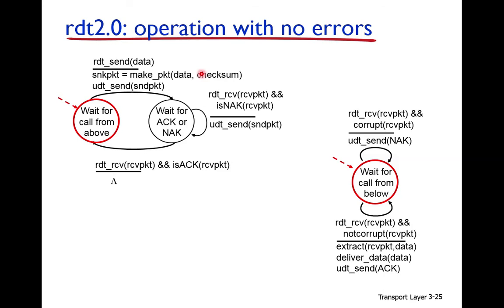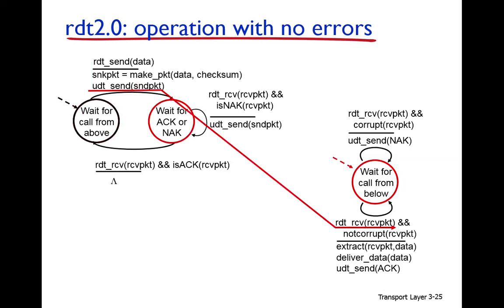Because the checksum is used to detect the bit error. It computes and sends the packet, but note that one copy of the sent packet is stored at the sender side. Why? Because if a negative acknowledgement is received, then this sent packet will be retransmitted.